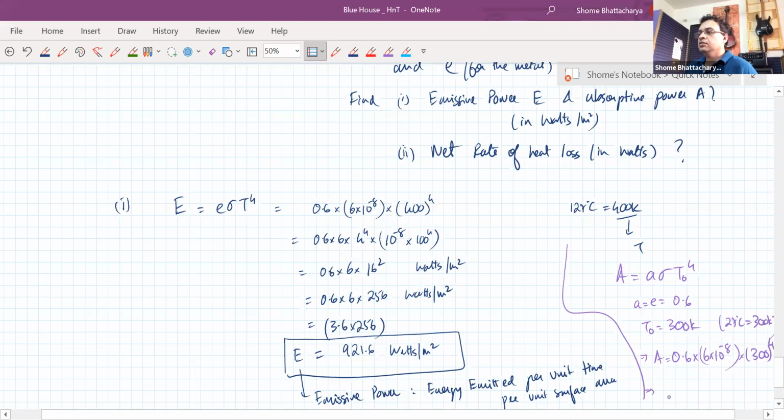You do this calculation and it will come out to be 81 into 3.6 or 291.6 watts per meter square. So this will be the absorptive power, the energy absorbed per unit time per unit surface area.